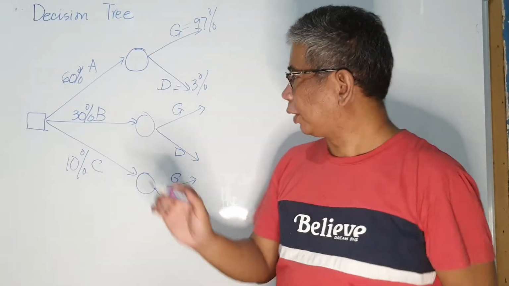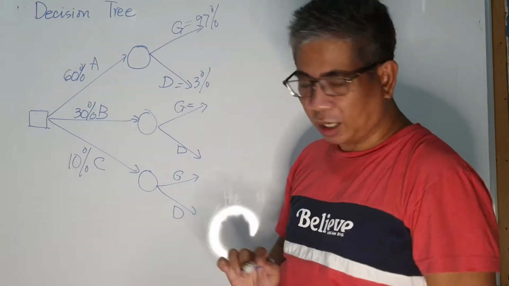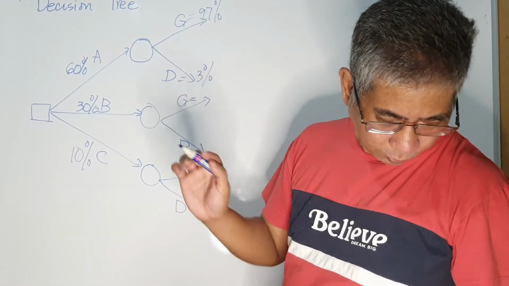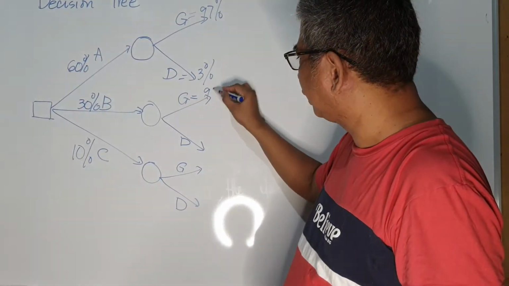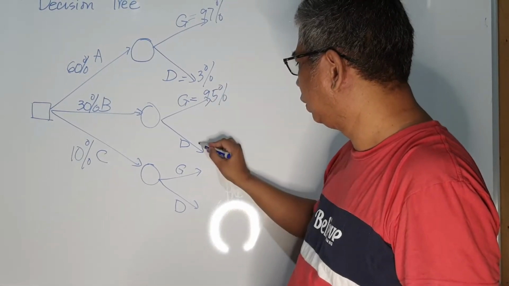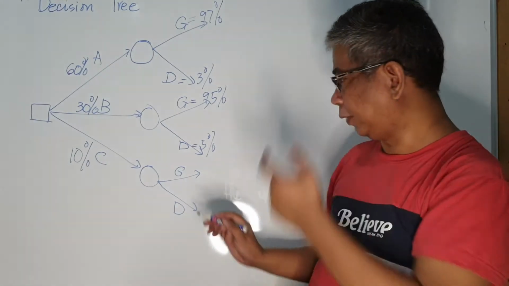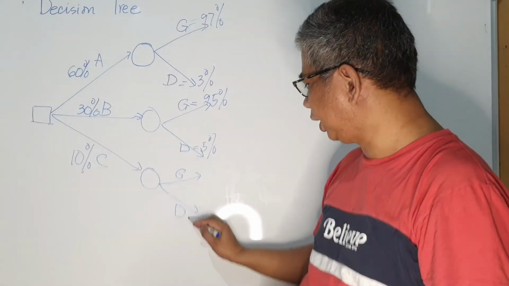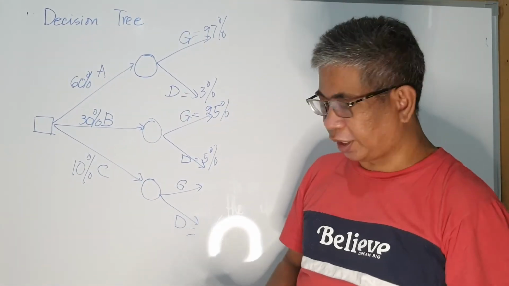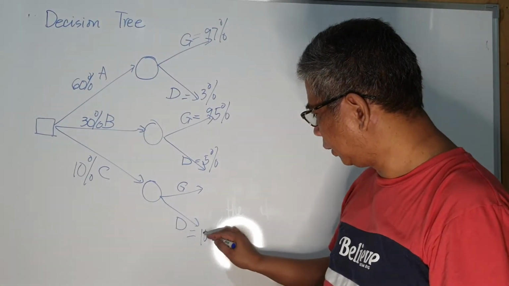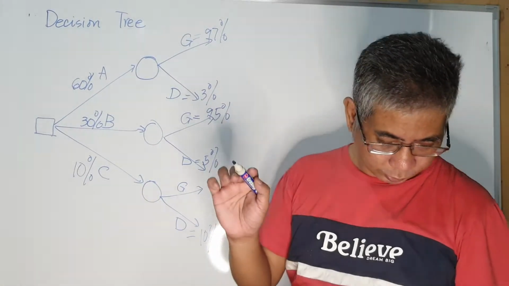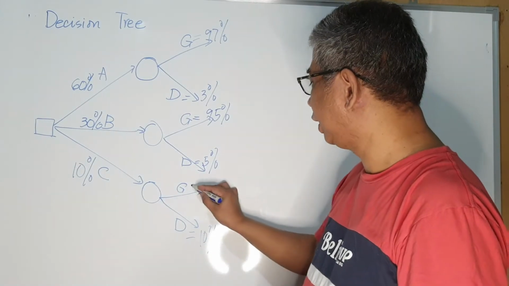Okay? Then, for machine B, 95% ay good, 5% ay bad or defective. So, for machine C, ang defective rate niya ay 10%, tapos ang good ay 90%.